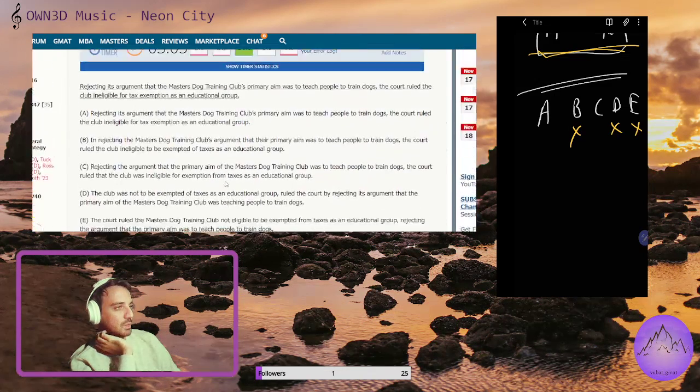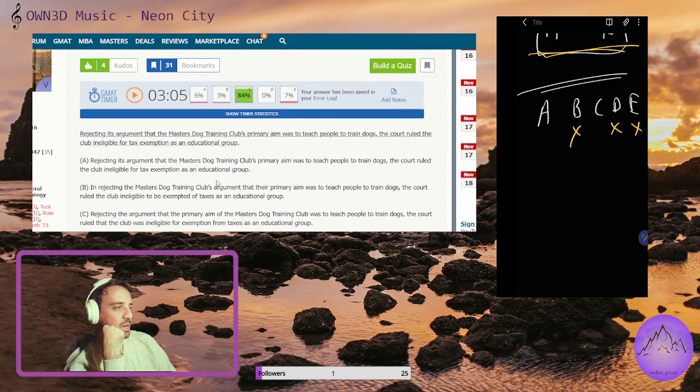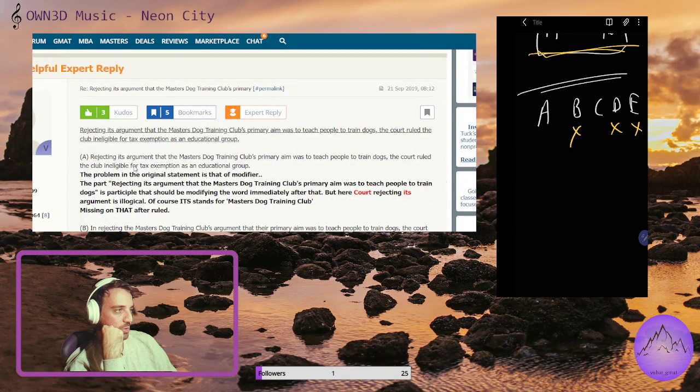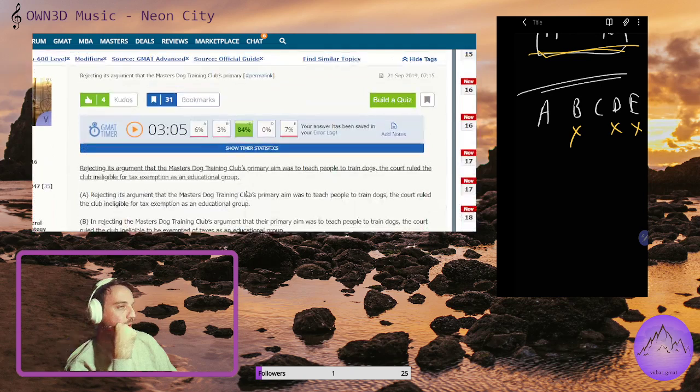Missing "that" after "ruled." Okay, let's see. So they're saying that "rejecting" is a participle, meaning that it needs to be referring to the first noun after that. It's not the first word, but anyway.